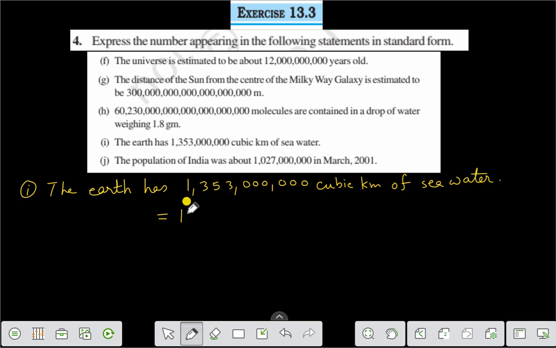That can be written as 1353 into 1. How many zeros? 3, 3, 6. 1, 2, 3, 4, 5, 6 cubic kilometer.